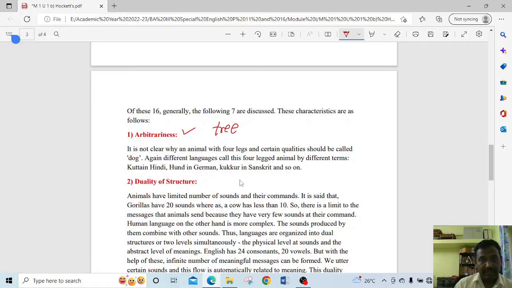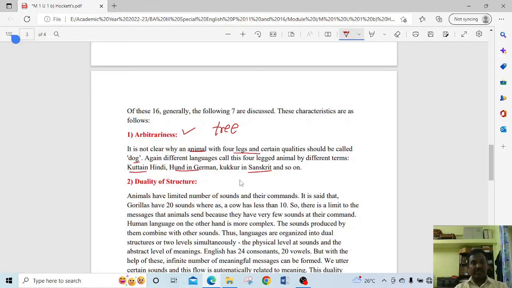One more example, in English, an animal of 4 legs with certain qualities is called dog, but in Hindi it is called kutta, Hund in German, and kukkur in Sanskrit. Now, if it is the same species of animal, why is it called by different names in different languages?